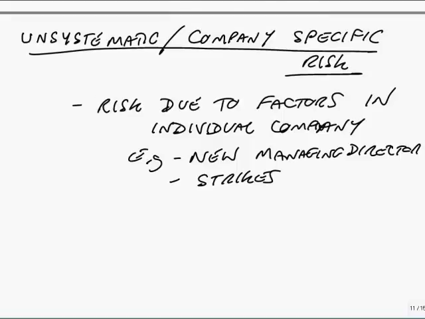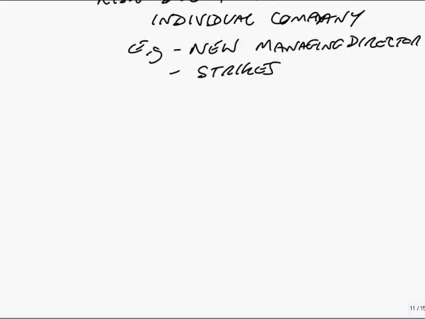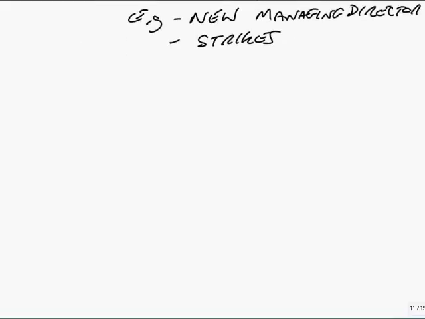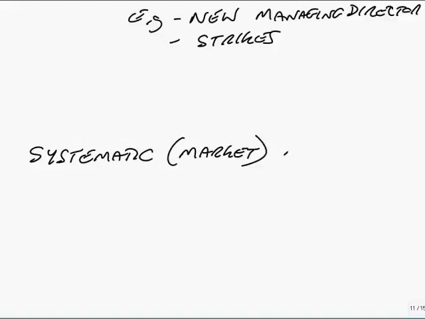If you are copying me down, leave a couple of lines space for something I want to fill in after. But the other type of risk we call systematic or market risk. And systematic risk are those other factors I mentioned earlier, that your profits next year clearly are at risk due to general economic factors.